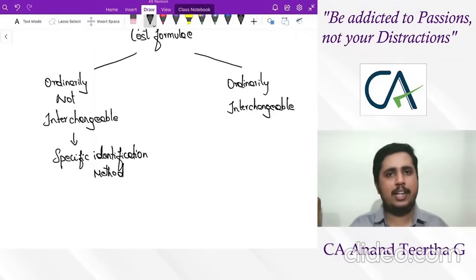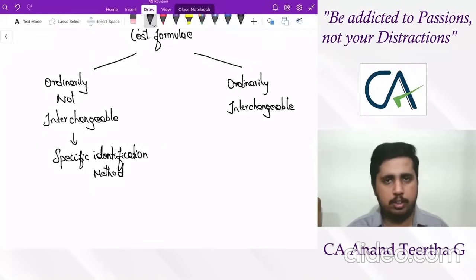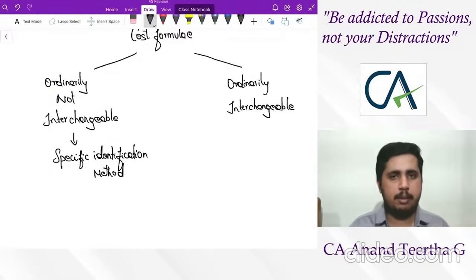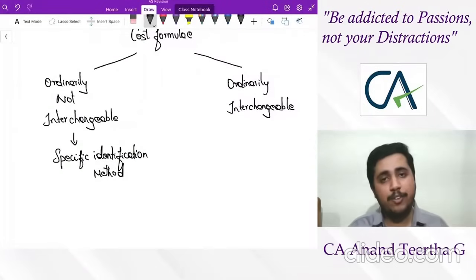Normally it is applicable for the automobile industry. These showrooms normally have stock sheets and stock details, and over there they will also have their engine number details. Whenever a car or a bike is sold, they delete it from their stock records. So whatever stock records remain should match with the vehicle engine numbers, then it is going to match, otherwise not. That is how the specific identification method comes into the picture.